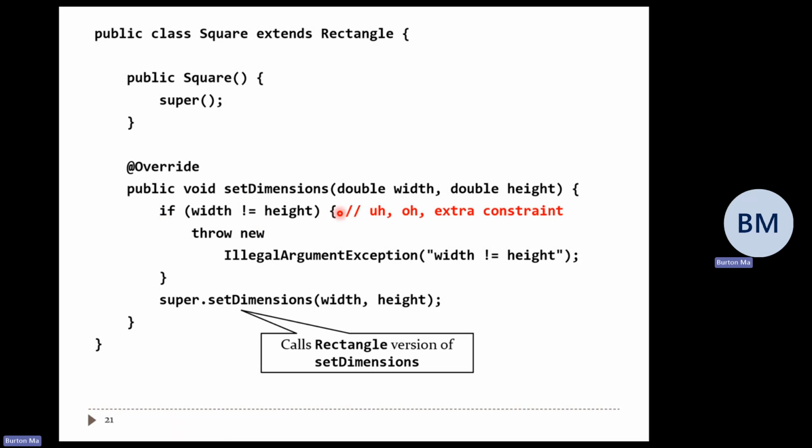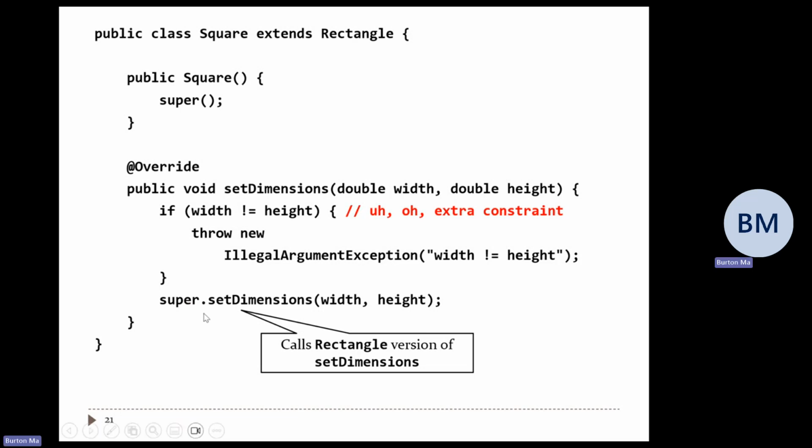So assuming someone passes in a valid width and height, we now need to change the size of the square. So how do you change the size of the square? You call the superclass version of the method. To call the superclass version of the method, you put the keyword super in front of the method call.